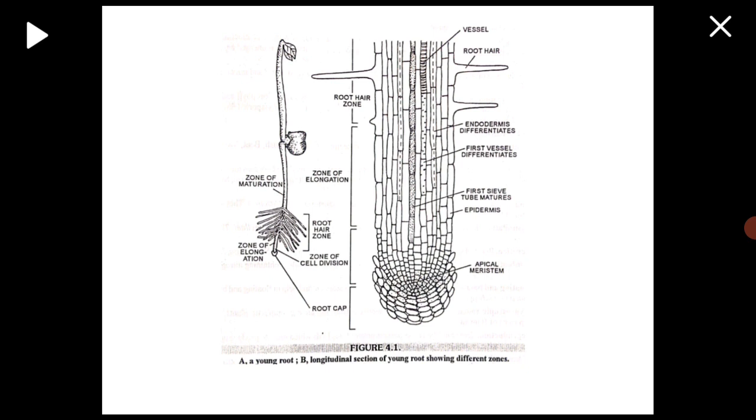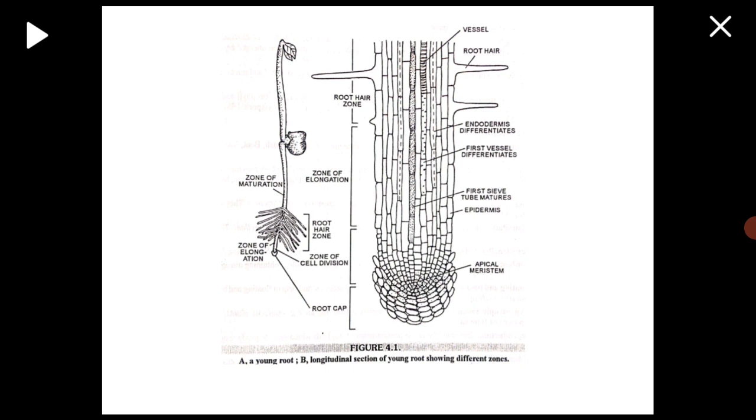The growth of the root continuously adds to the root hair bearing surface of the root. As the growing zone elongates, the cells of the root hair zone become mature and cease to grow.